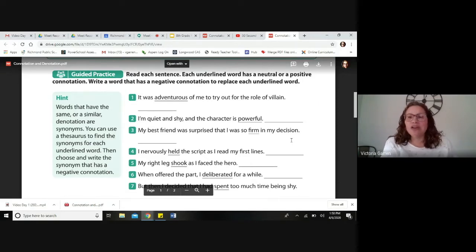When you're domineering, it means that you dominate someone, you overtake them. You are in control. And another word for control would be to be powerful. So if we use the word domineering here, I'm quiet and shy, and the character is domineering, which means that the character dominates over the person. That would have a negative connotation to it.